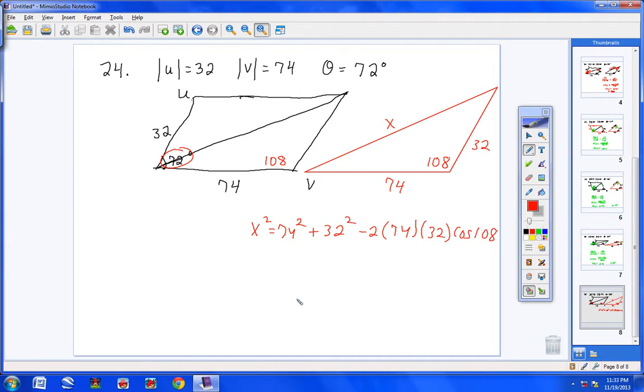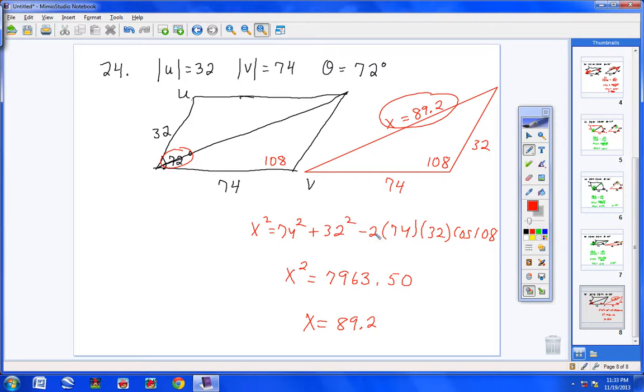And I'm getting this right here: x squared equals 7,963.504485. If we take the square root of both sides, I'm coming up with 89.2. So x equals 89.2, which is the resultant, or the sum, of vectors u and v.